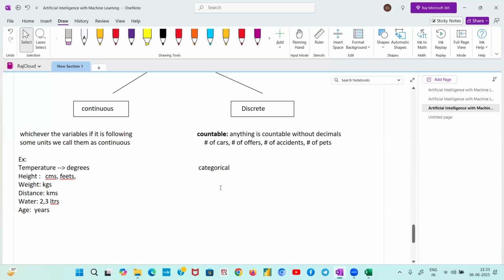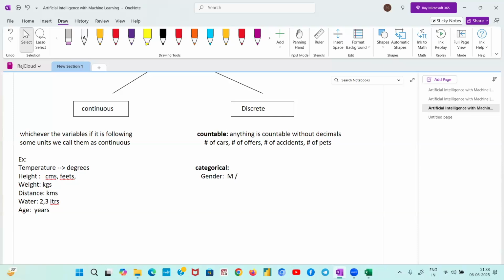Then what is categorical? Categorical data is all about anything categorized. Let's say the gender of a person. How do you explain this?